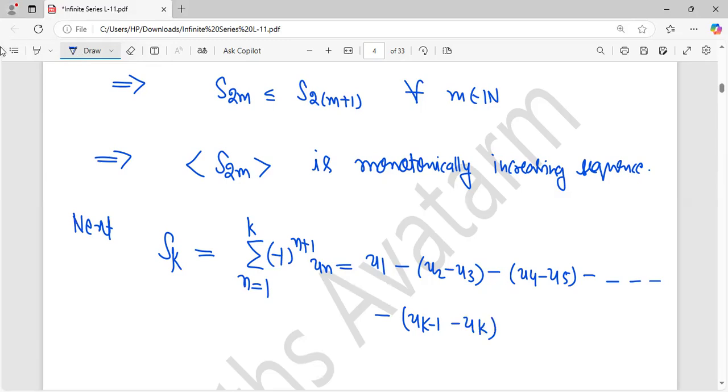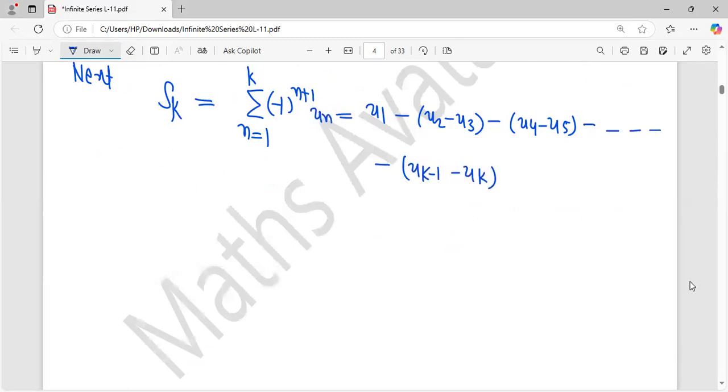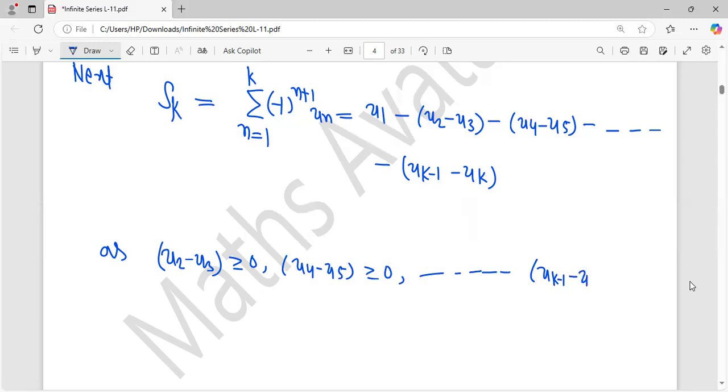Okay. Now as u_2 minus u_3 is non-negative, u_4 minus u_5 is also non-negative, so the difference of these terms is non-negative.